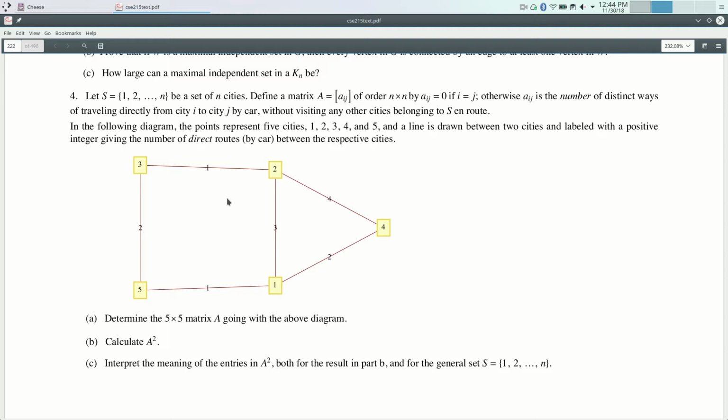So look at A squared, look at the graph, think about how it might relate to some information about the cities, and see if you can figure it out from there. Other questions?